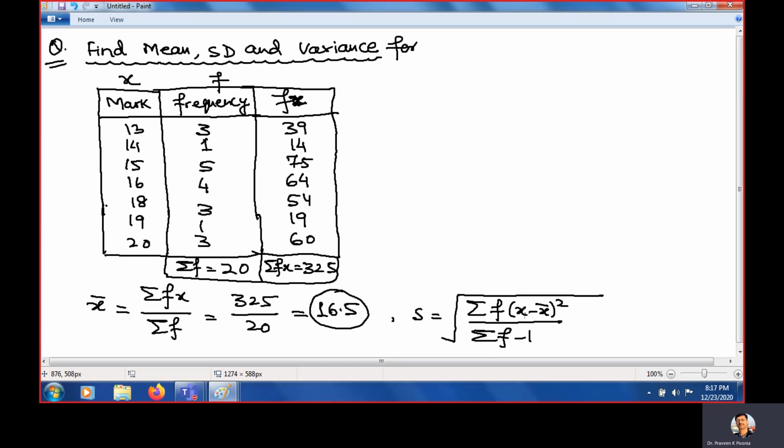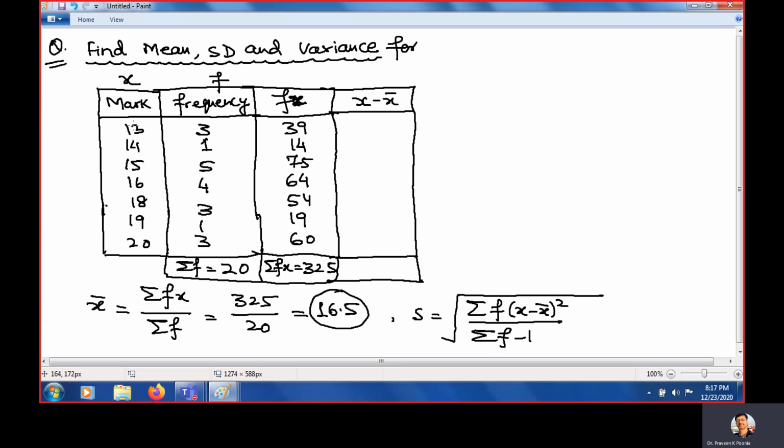So what is step 1? You need to find x minus x bar, so we develop one column here for x minus x bar. Clear? It is a 3 to 4 marks question.